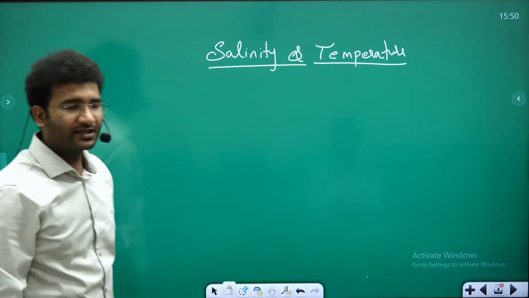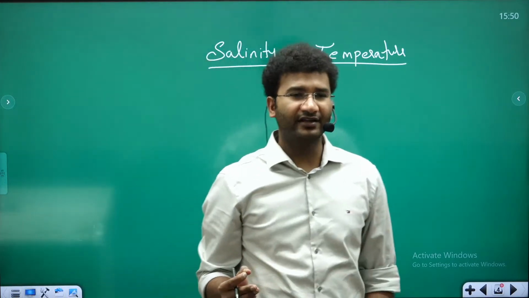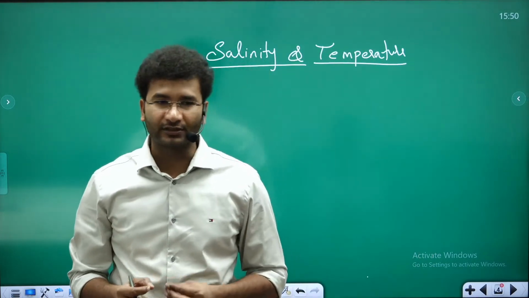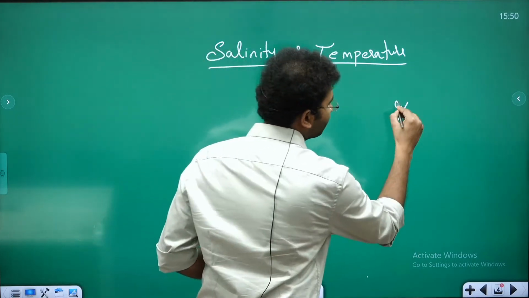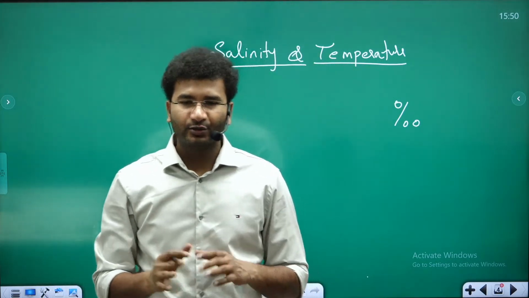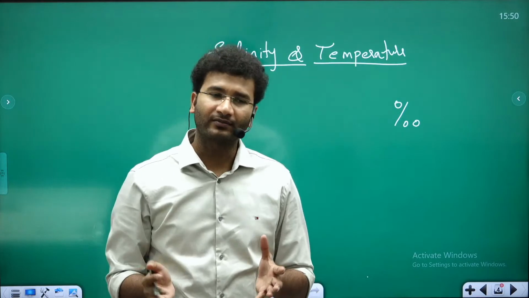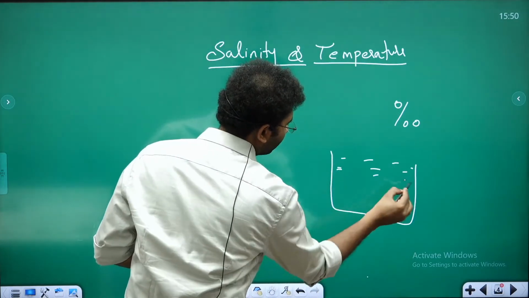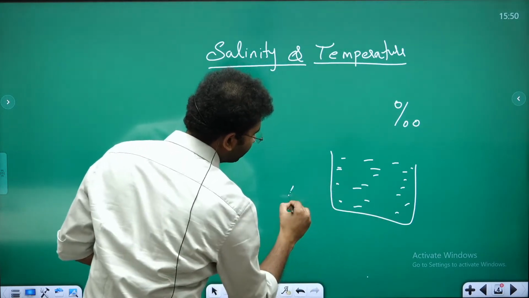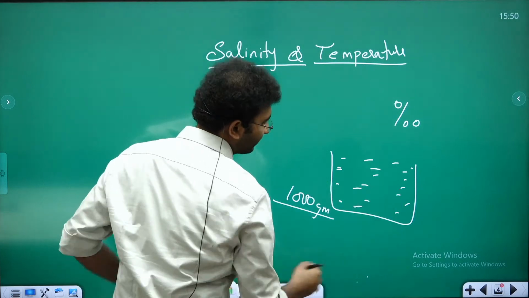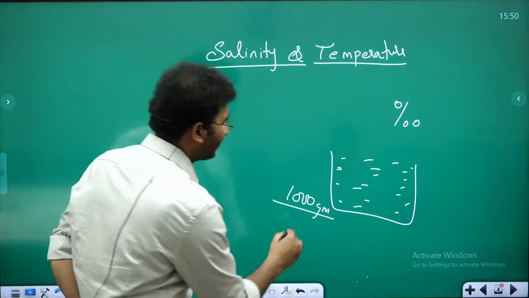ठीक है? Firstly, you need to know the concept of salinity and how it is measured. So salinity is measured in parts per thousand. ठीक है? This is written like this, parts per thousand. Now what do you mean by parts per thousand? You take 1000 grams of water. Imagine this is a bowl, and in this bowl you have 1000 grams of water, which is nothing but 1 kg of water.